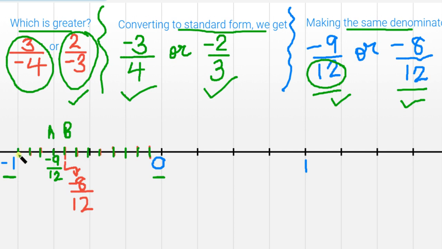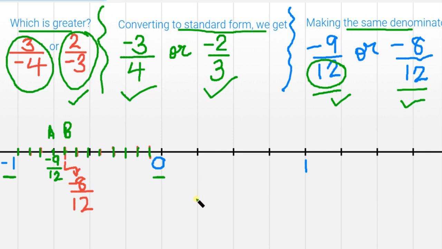Now which numbers do I have to show on the number line? I have to show minus 9 upon 12, which I have shown over here. Suppose I call this point A on the number line, and minus 8 upon 12 I have shown over here. Suppose I call this point B. Now as we can see, point A lies to the left of point B on the number line.